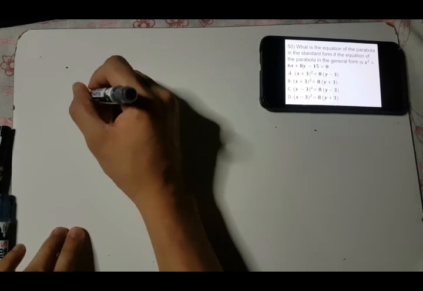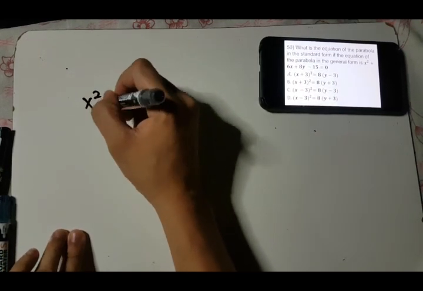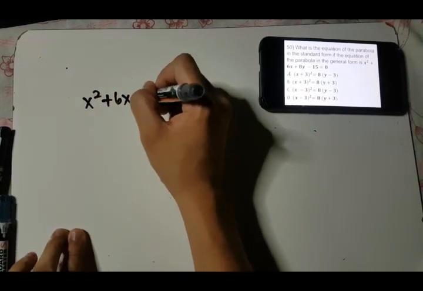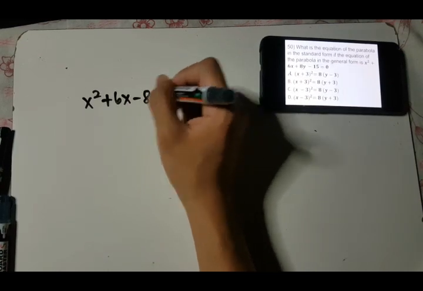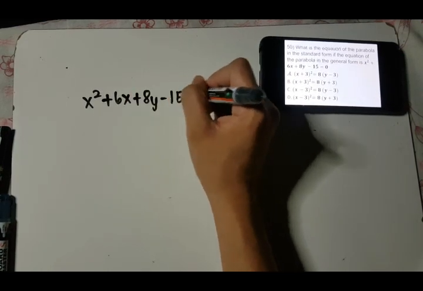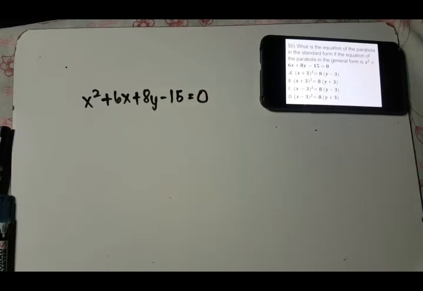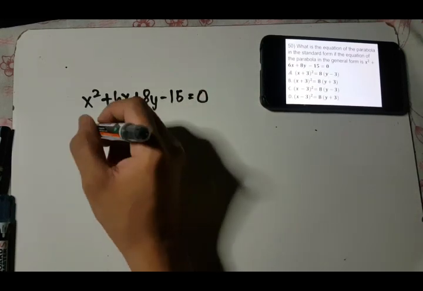So, last question na tayo. What is the equation of the parabola in the standard form if the equation of the parabola in the general form is x squared plus 6x plus 8y minus 15 equals 0? Ang gagawin nyo lang dito is completing the square. Ganito lang po ginagawa si completing the square.